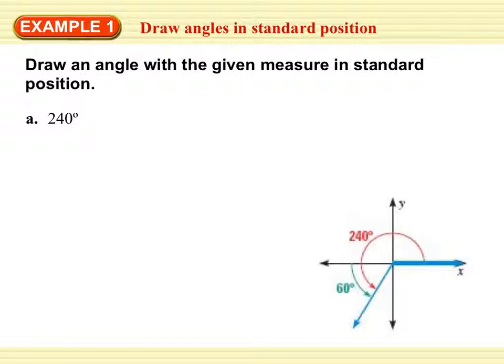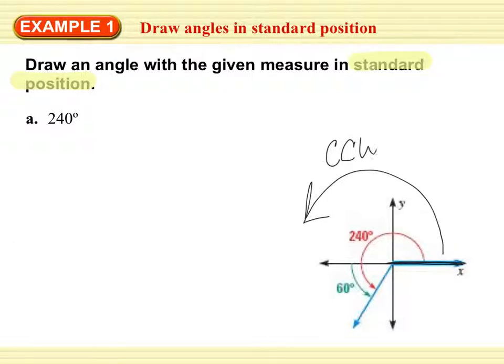Sorry, it's really dark. Standard position means I start from the x-axis, the positive x-axis, and I go counterclockwise, which is CCW, counterclockwise.